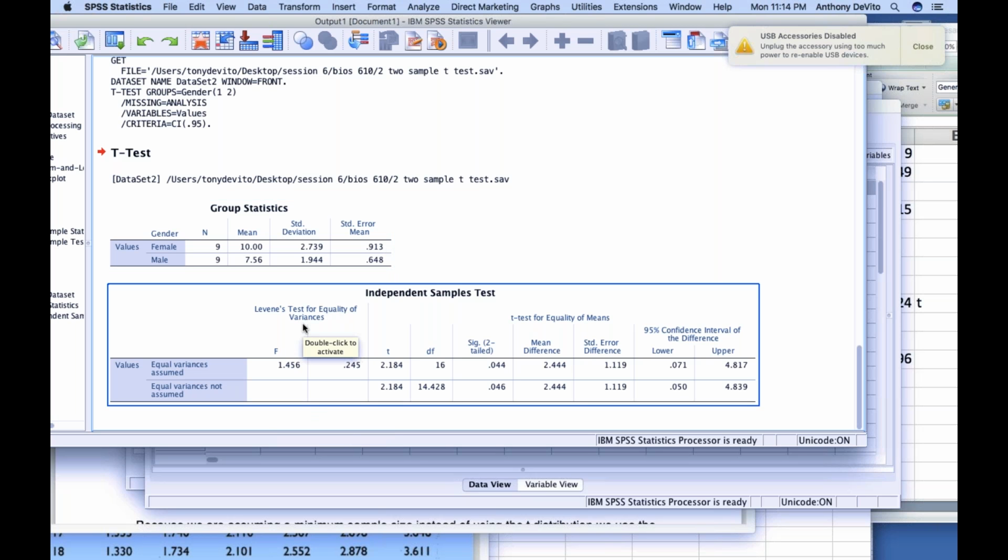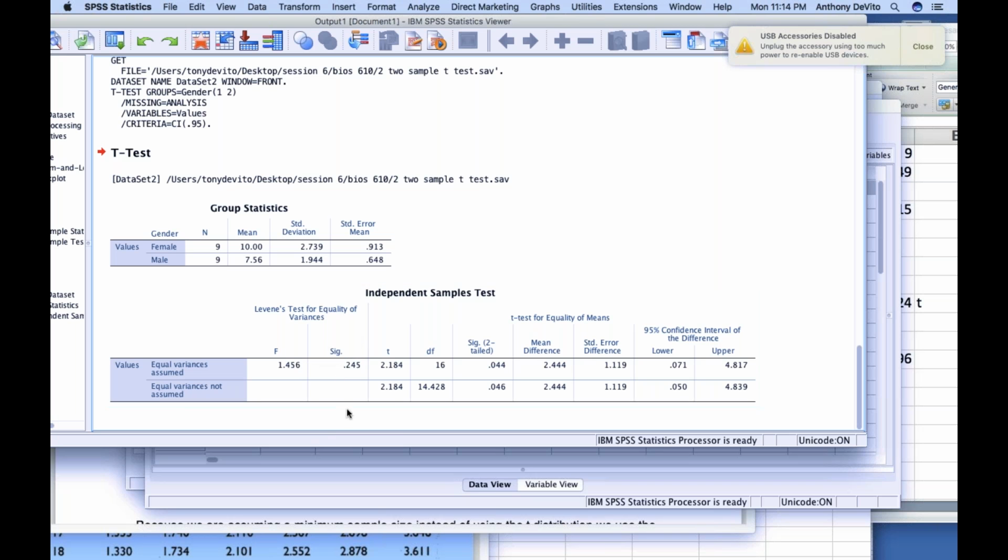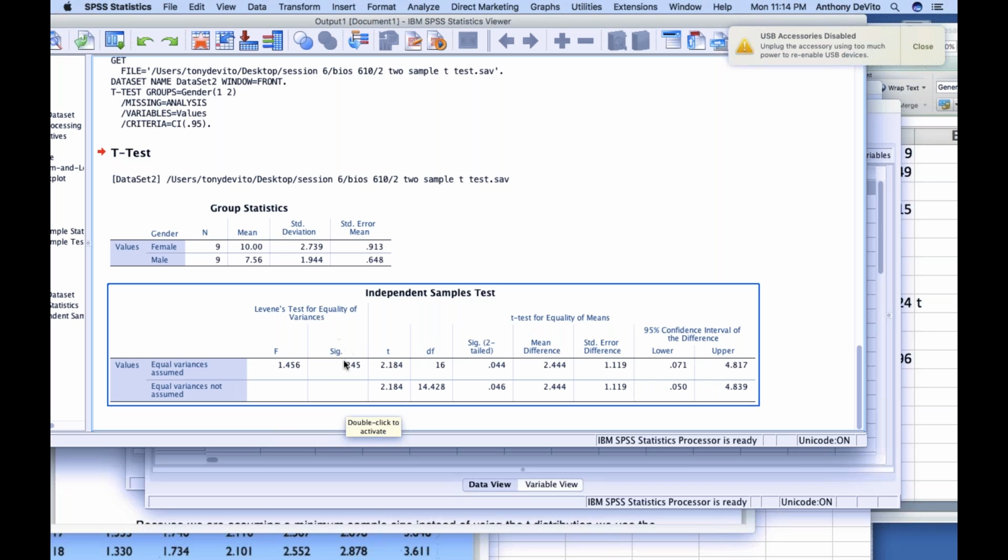Okay, so SPSS does a test for the equality of the variances, and it calculates this value here, F. And it calculates a p-value, a significance, to go along with that, which is 0.245. Well, what kind of significance do we typically want in order to reject the null hypothesis? Less than 5%. So this isn't enough to reject the idea that these variances are equal.